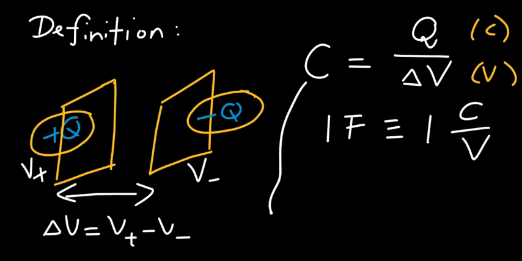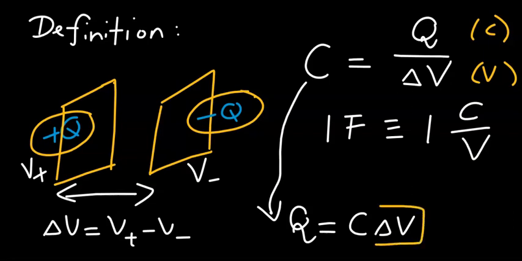Another important point that we can see from this equation is that by rewriting that equation as Q equals C times delta V, we see that the potential difference that is being built between the plates is simply proportional to the amount of charges that are present on the plates, and the constant of proportionality is the capacitance itself.